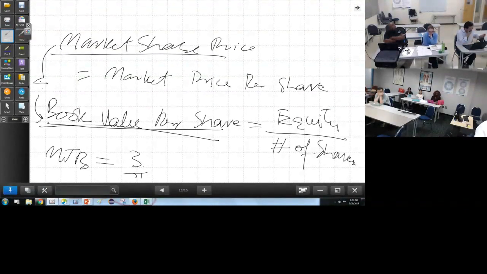Now let's look at some of these ratios in combination. So earnings per share, and we have 2 companies, A and B. For company A, earnings per share is 5, and for company B, that is 3. Which one is good? A is good. Okay.